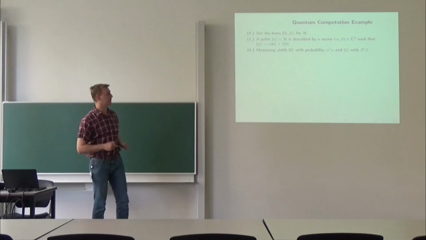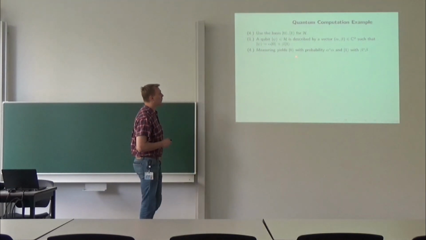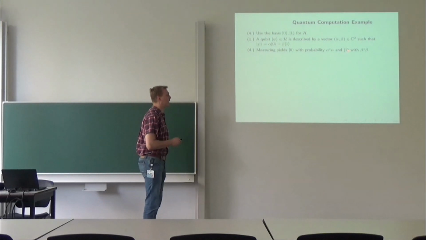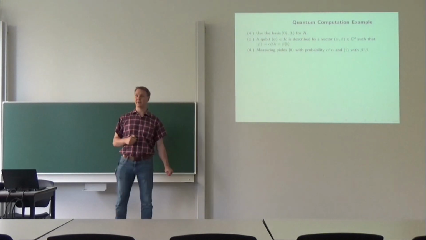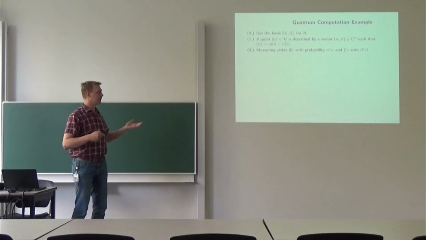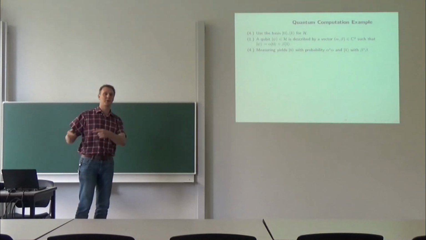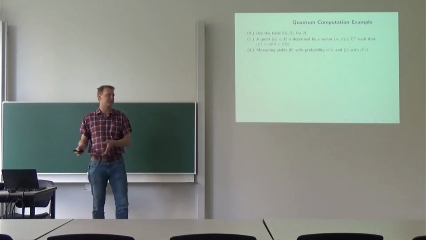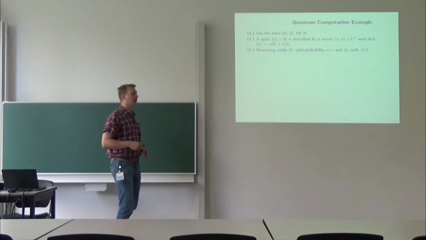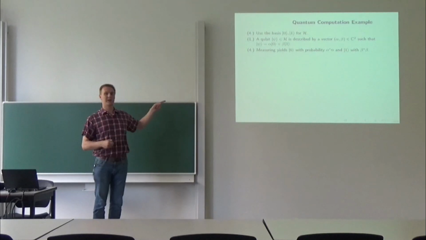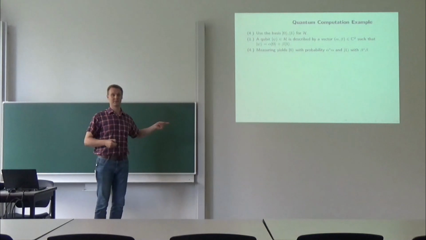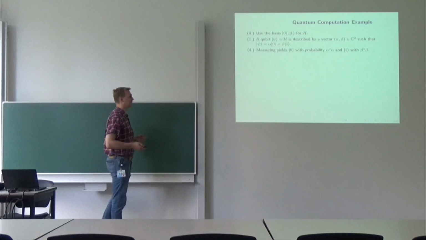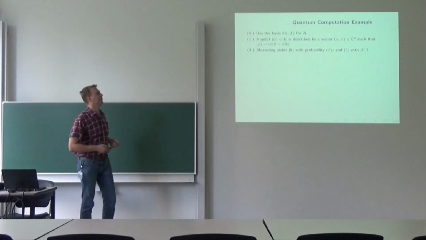And then when we measure this system psi, we find 0 with probability magnitude of alpha squared, and 1 with probability magnitude of beta squared. So the amplitude is really just the square root of the probability, or phrased differently, the probability is really just the square of the amplitude. The difference is that the amplitude gets to be complex and negative, whereas the probability has to be positive between 0 and 1, and so on.